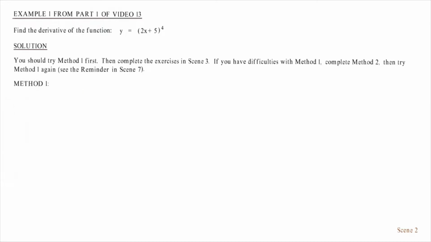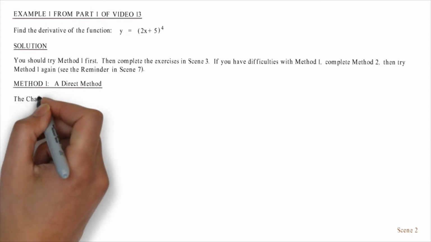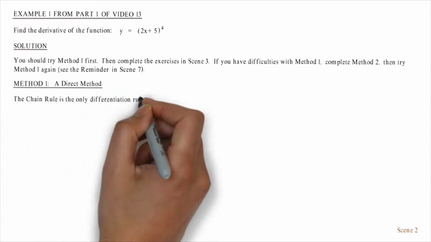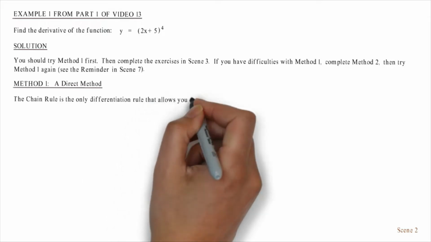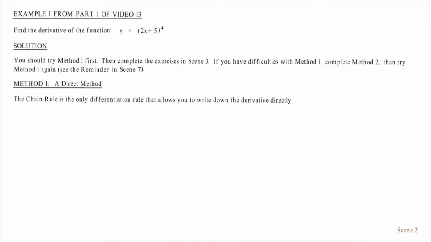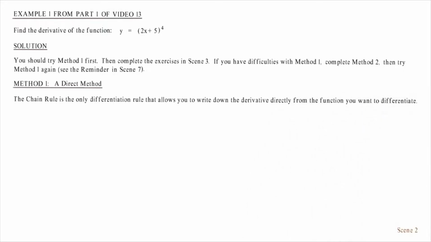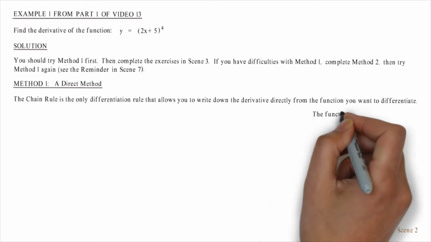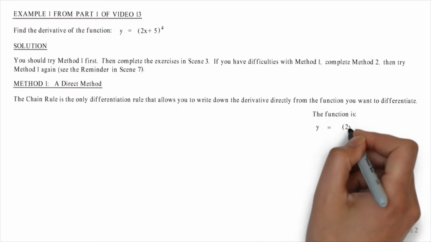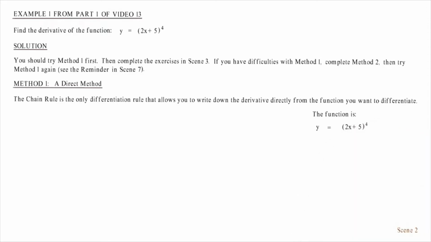Method 1. A direct method. The chain rule is the only differentiation rule that allows you to write down the derivative directly from the function you want to differentiate. The function is y equals (2x plus 5) to the fourth.